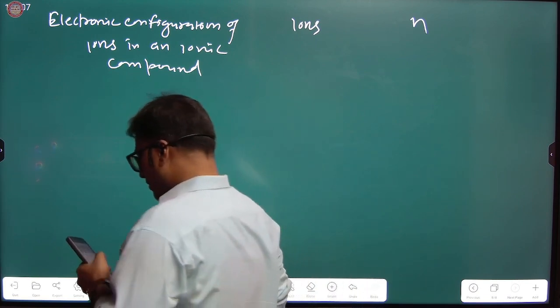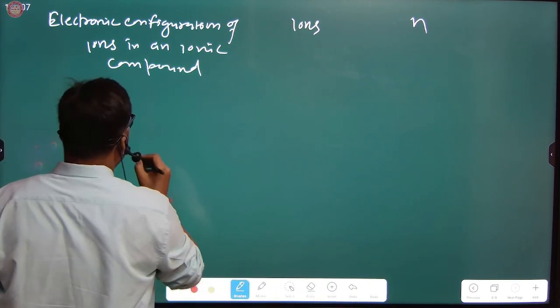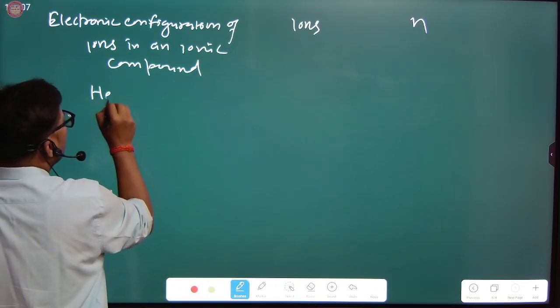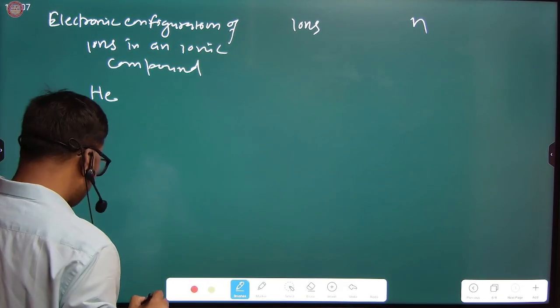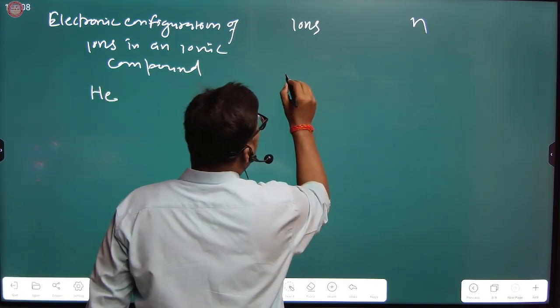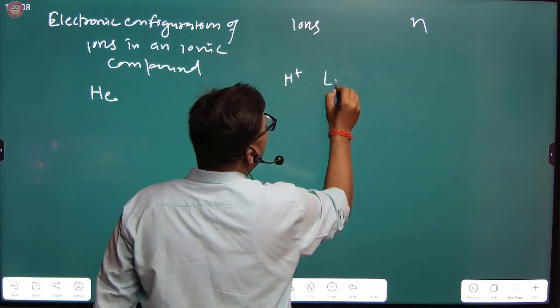Suppose we have an electronic configuration like a noble gas, for example the ions H plus and Li plus.